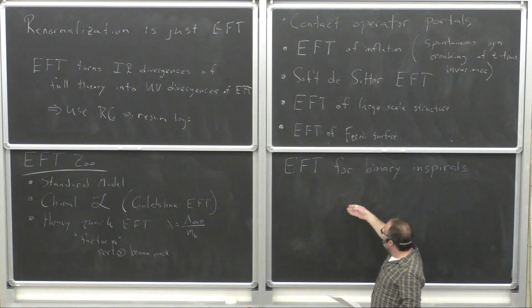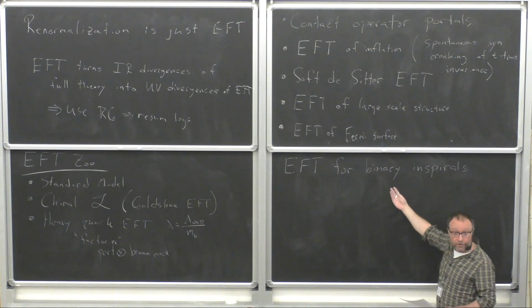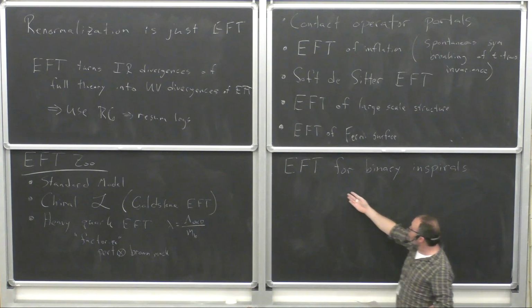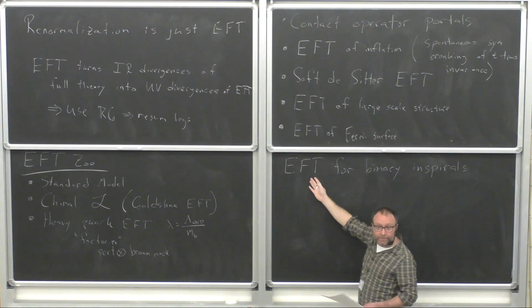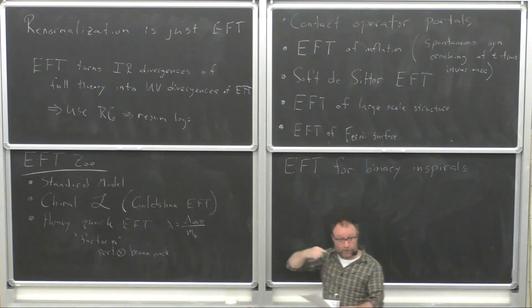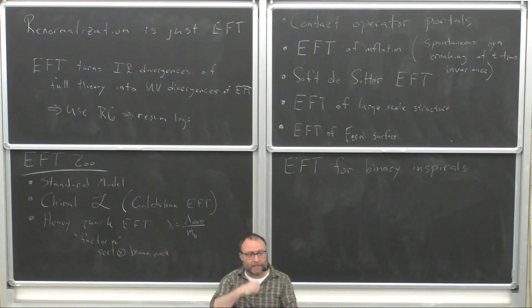Here, people are using a lot of the tools that we're going to talk about to write down effective descriptions relevant for LIGO. And they're systematically computing the post-Newtonian expansion.